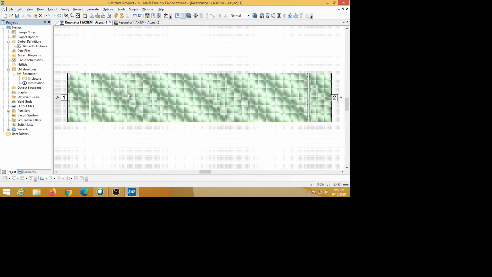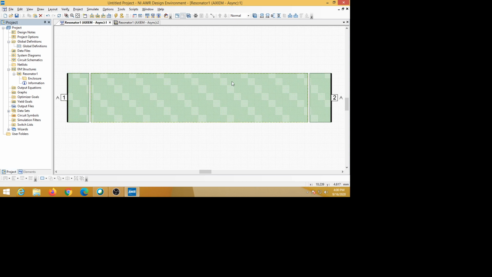Because this is a bidirectional symmetric structure, S11 is the same as S22, and similarly S21 is the same as S12. So in the simulation tool we get all four parameters of the S matrix, but S22 and S11 are the same, and S12 and S21 are the same.